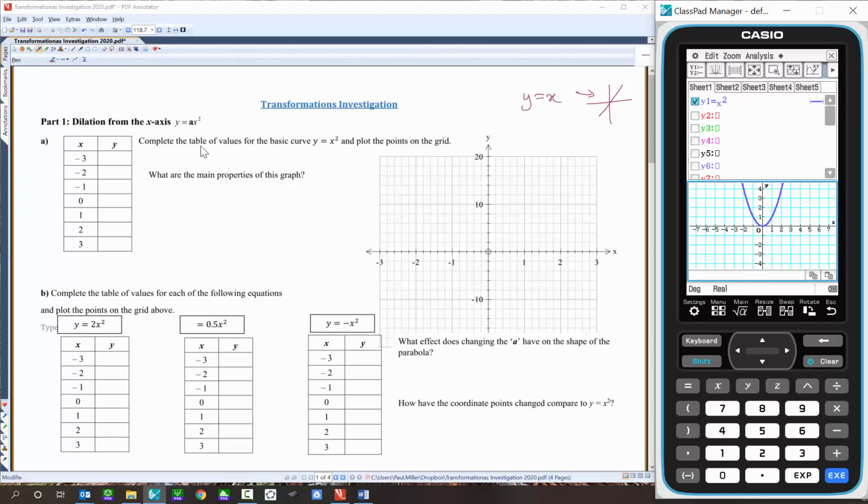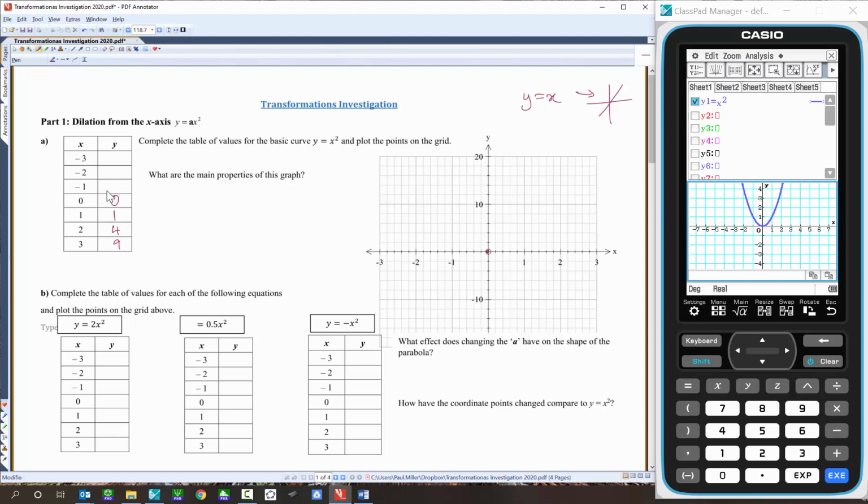So when I sub x equals 0 into the relationship, we get 0 squared, which is 0. So there's a coordinate point 0, 0 on there. When I sub 1 in, I get 1 squared, 1 times 1 is 1. When I sub 2 in, I get 2 squared, which is 4. And when I sub 3 in, I get 9.